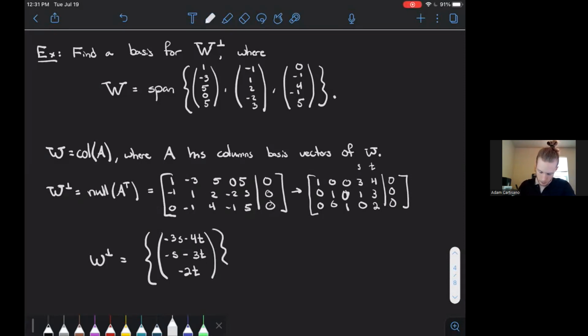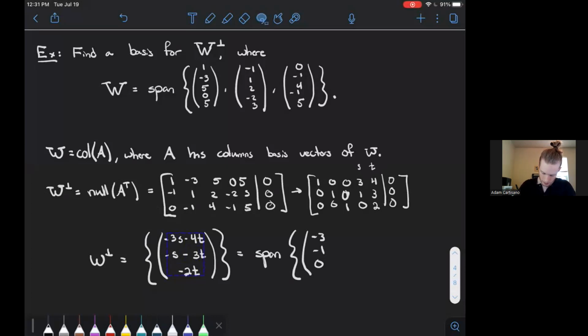And so for a basis, you just split apart the s and the t's. So this is the span of the basis, -3, -1, 0. Oh, s and t. I definitely need 5 components in our vectors, but x4 is s and x5 is t. I forgot to write those.